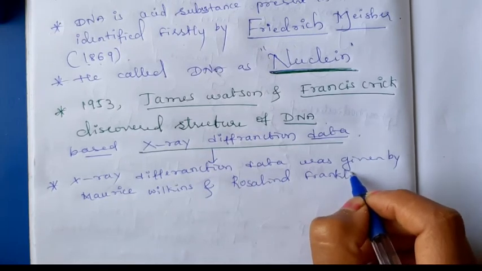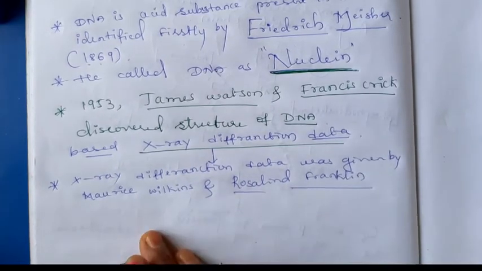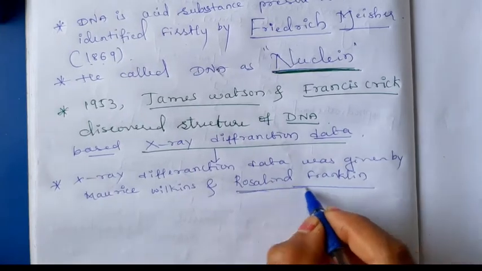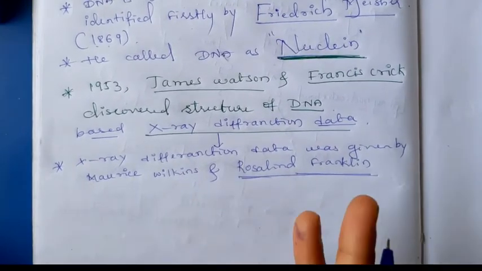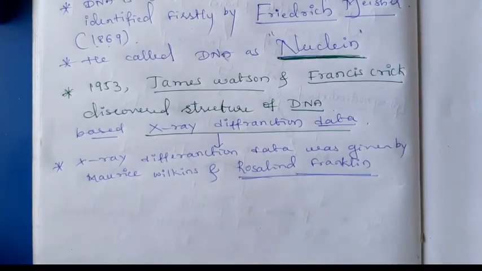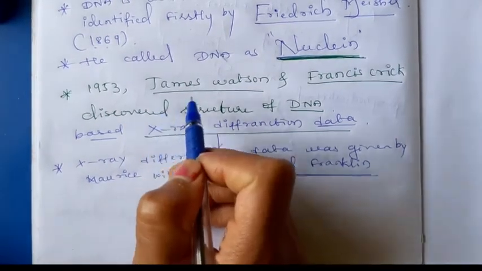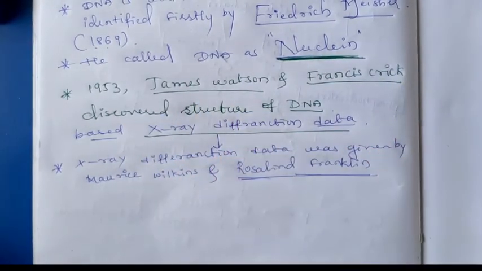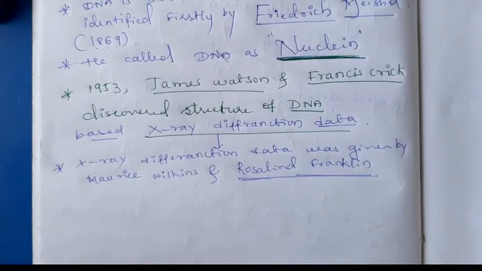She is the first lady who worked on DNA and used the X-ray diffraction data. Based on that, James Watson and Francis Crick discovered that the structure of DNA has 2 strands of polynucleotide chain. One of the hallmarks of this proposition was base pairing between the 2 strands of polynucleotide chain.